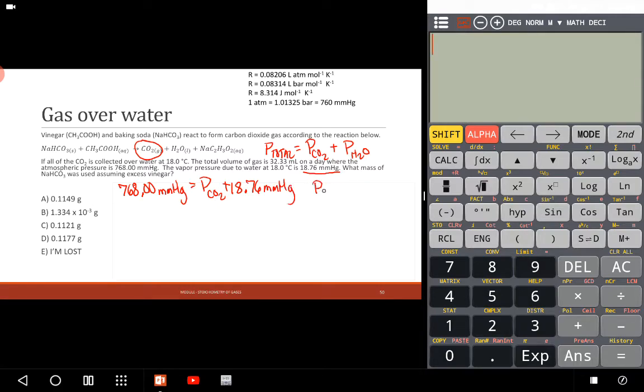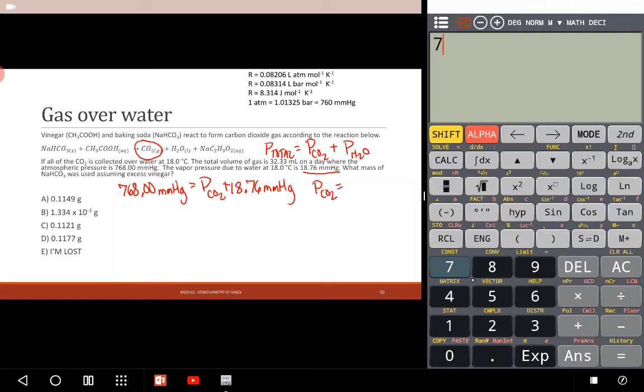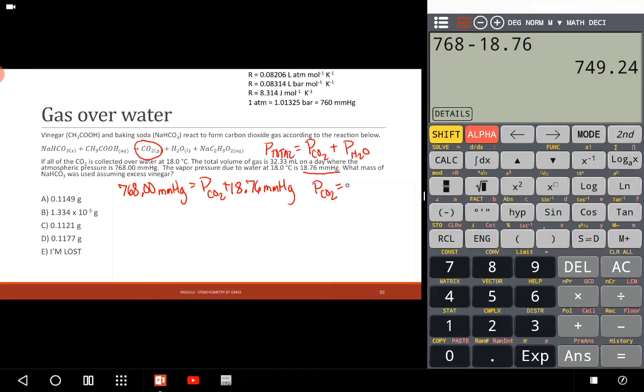I can solve for my partial pressure of CO2, and that will be 768 minus 18.76, and that is 749.24 millimeters of mercury.